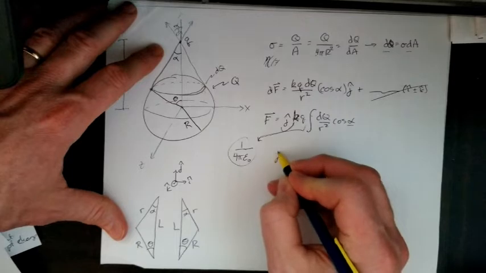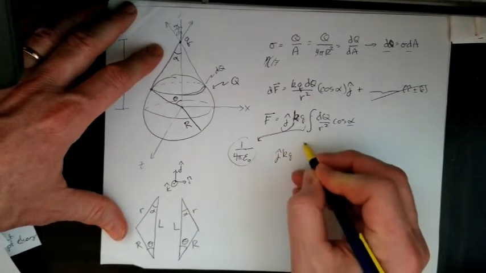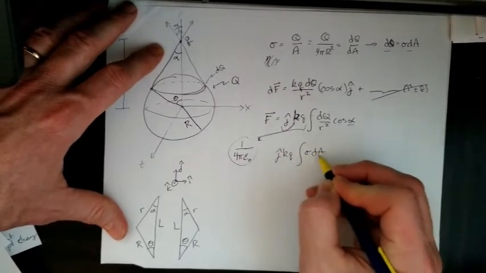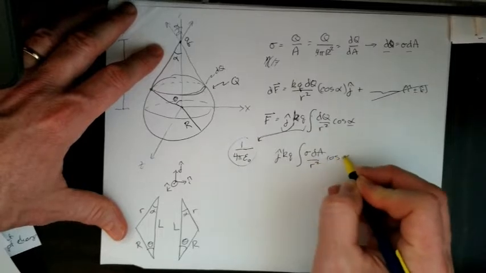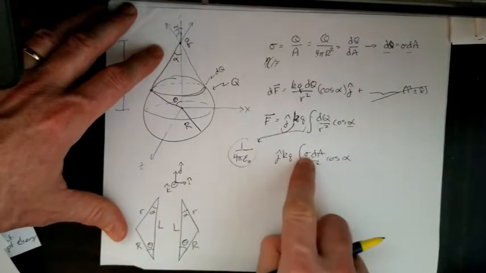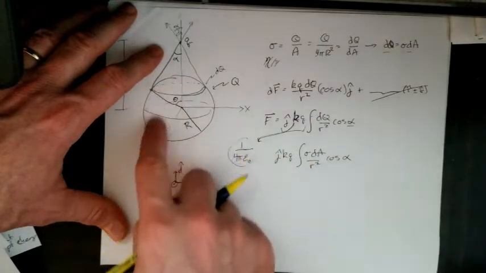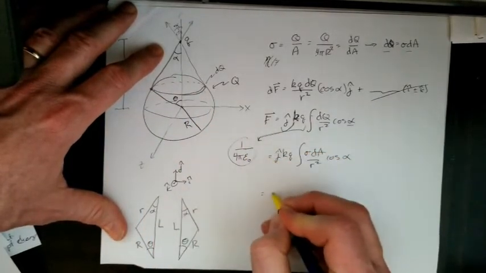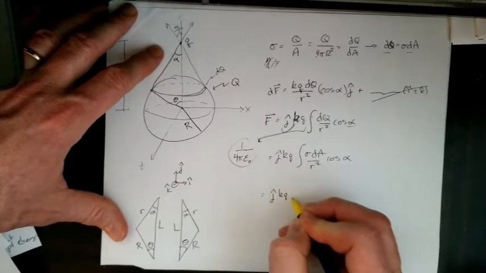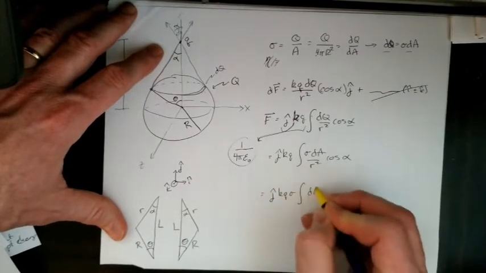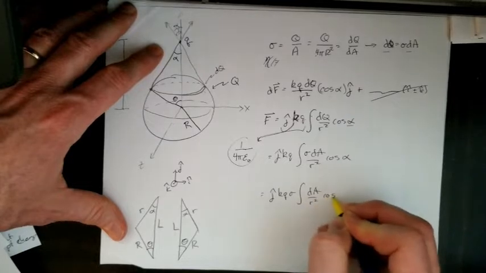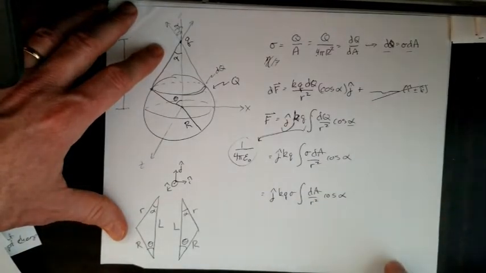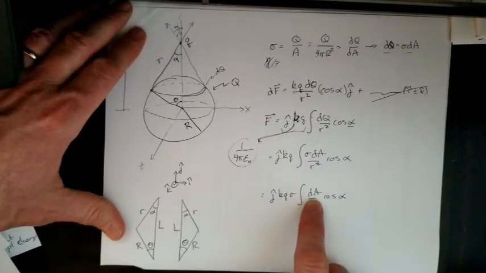So this becomes j hat k little q times sigma dA over r squared cosine alpha. Sigma is a constant. This is a uniform distribution, so that will pop out. So this becomes j hat kq sigma dA over r squared cosine alpha. We still have 3 variables, but we can now figure out dA at least a little bit here.